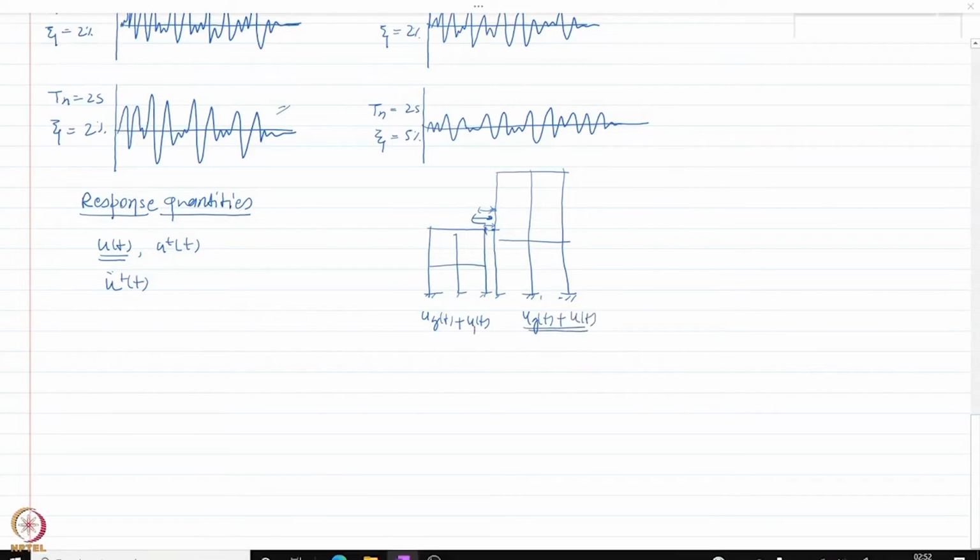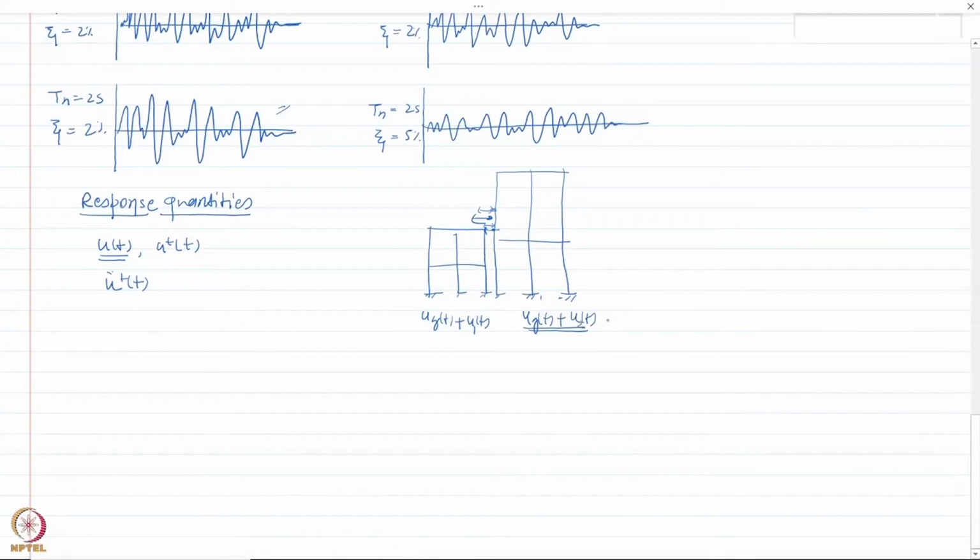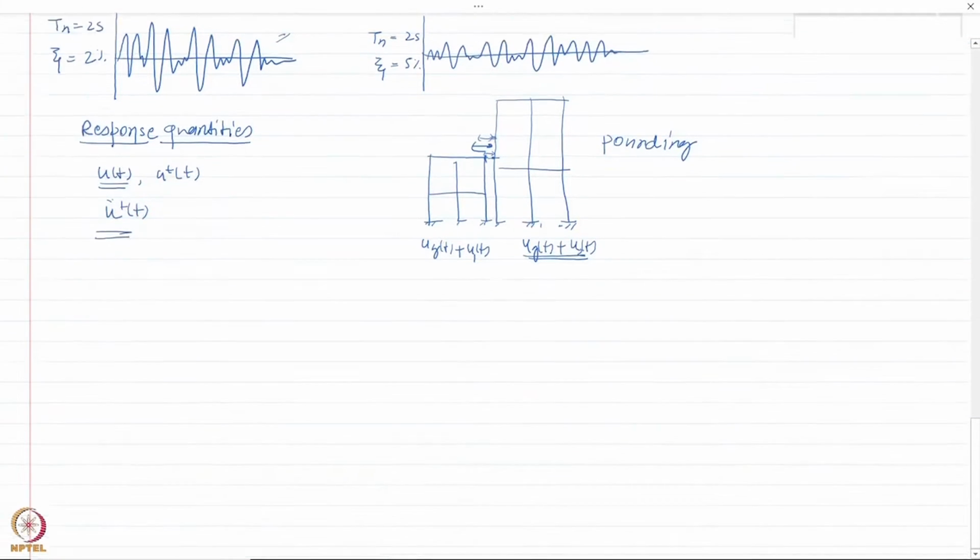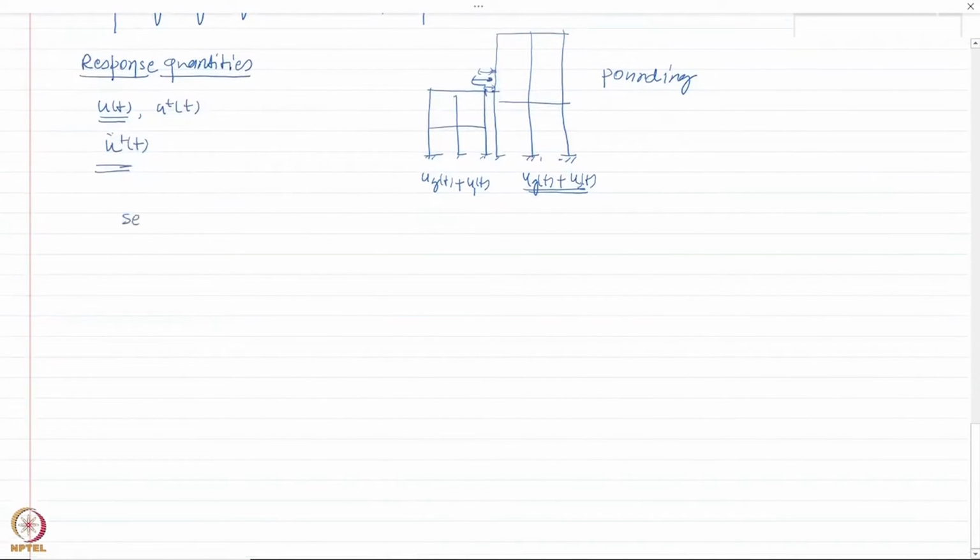Let us say this is u1(t) and u2(t). So you need to find the total displacement in this case if you want to assess the pounding damage. Relative displacement is important where you want to find internal forces and stresses. Total displacement becomes important if you have to consider pounding damage. And total acceleration becomes important if you have some sensitive equipment.